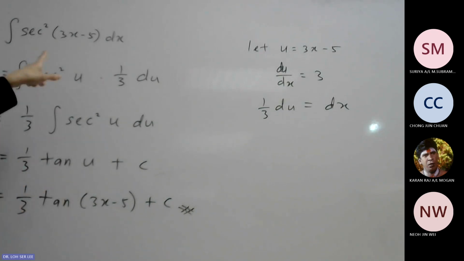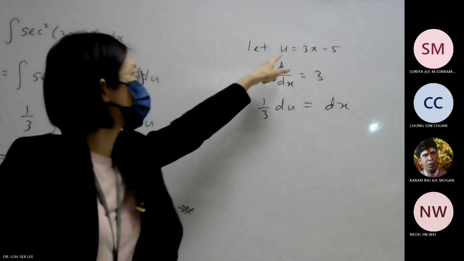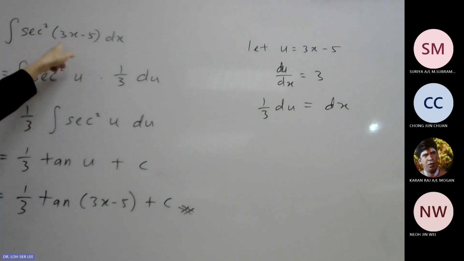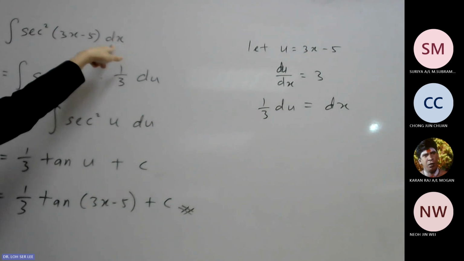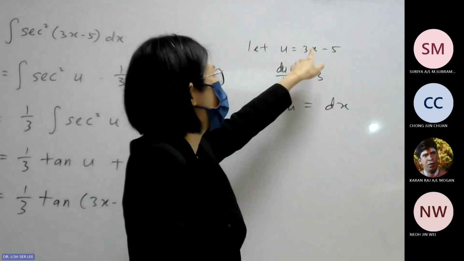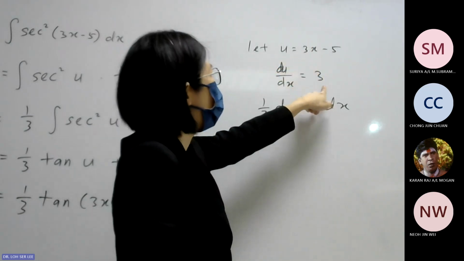So I repeat once again. For a trigo function, we let the angle be u. Then we start to change from x into u. So this is secant square u, and this is your u. We want to change the dx into du as well, so we differentiate u with respect to x. We have du dx, here we have a 3.